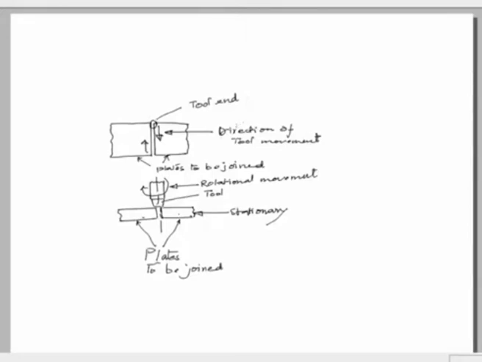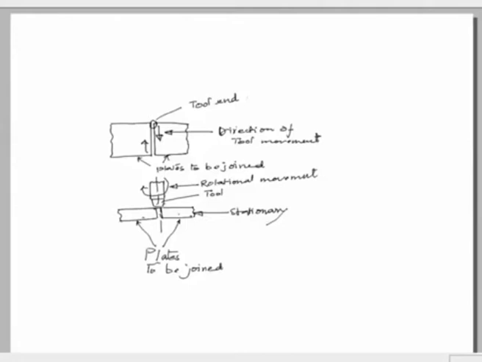Therefore, it is not necessary that only the tool should be moved. We can make arrangements so that both the plates can also be moved, but the movement has to be an integrated movement of both. Now, this will cause intense heat generation at this joint because of frictional heating. That is what we discussed in the previous mechanism, when we discussed the friction welding process.